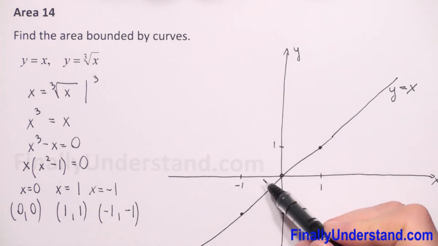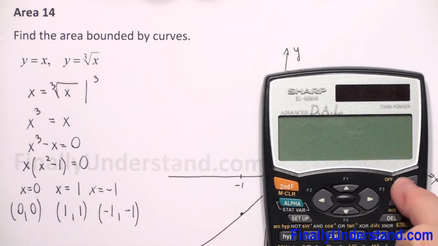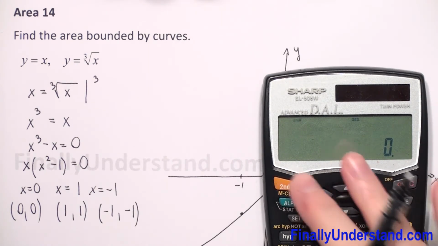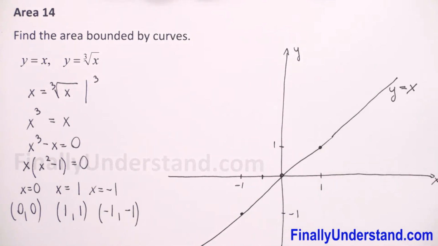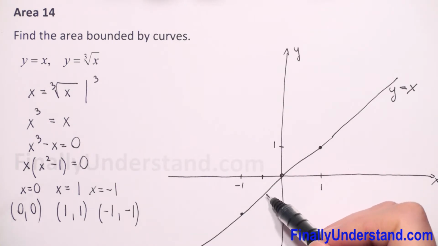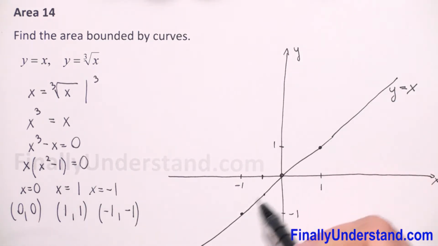So let me choose negative 1/2 first for x. The cube root of negative 0.5, you can always check with a calculator, is negative 0.79, almost 0.8. So this is smaller than negative 1/2, because for x equals negative 1/2, y is negative 1/2 for our first curve.